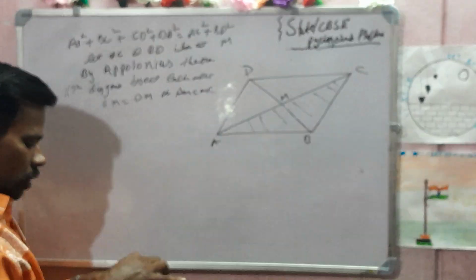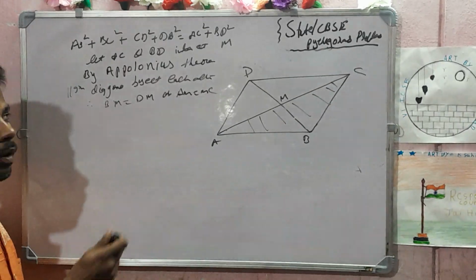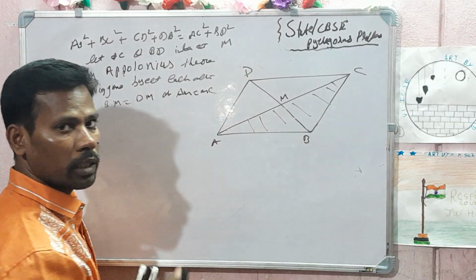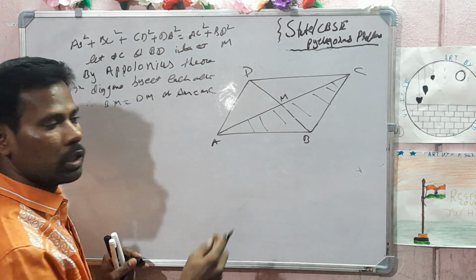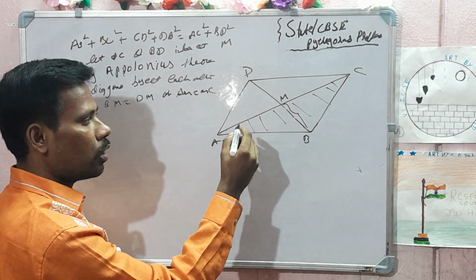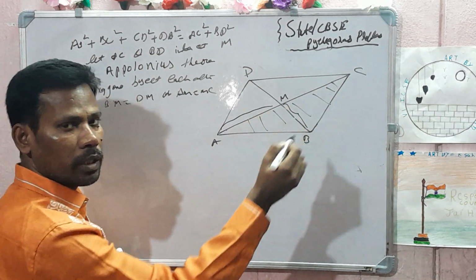Now consider this triangle. What does Apollonius theorem state? The sum of squares of the sides of a triangle is equal to twice the square of the median plus twice the square of half the third side of the base.